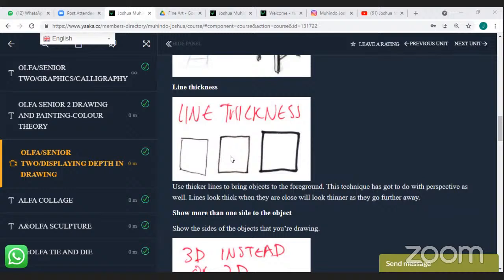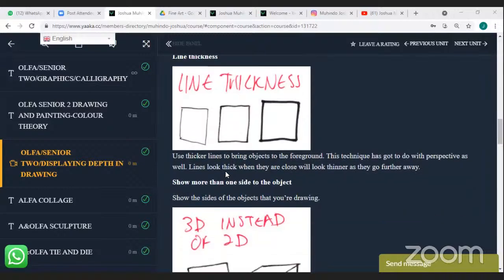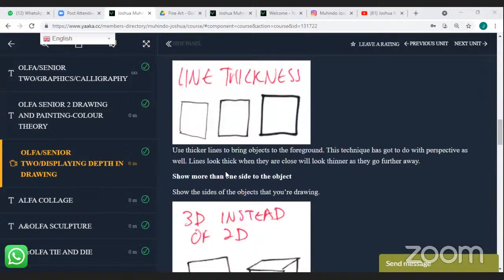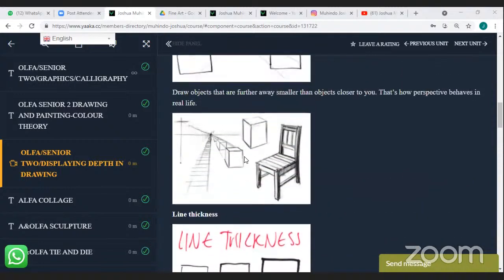This technique has got to do with perspective as well. Lines look thick when they are close, and will look thinner as they go further away. Show more than one side to the object. Show the sides of the object that you are drawing. Okay, thank you.